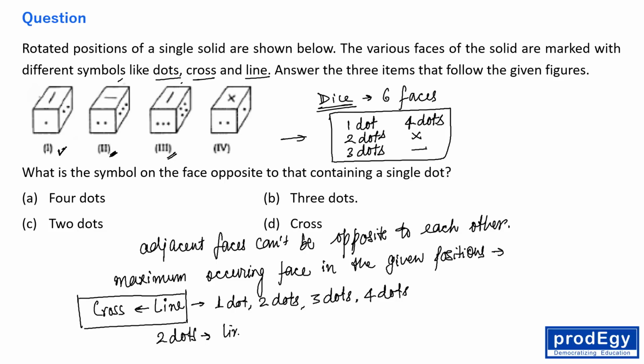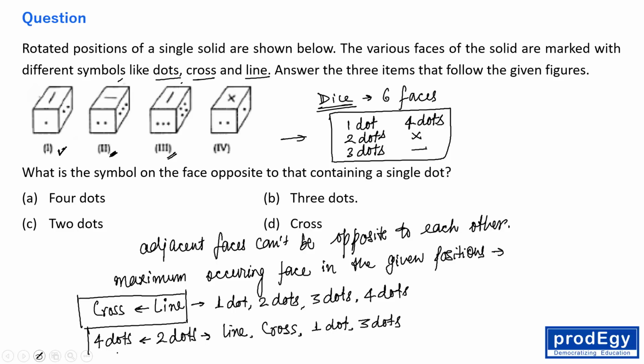Line and cross are opposite to each other, so two dots can't be opposite to line and can't be opposite to cross. From the first position, two dots can't be opposite to one dot. And from the second position, two dots can't be opposite to three dots. So two dots will be opposite to four dots.